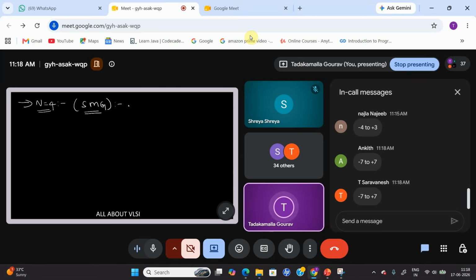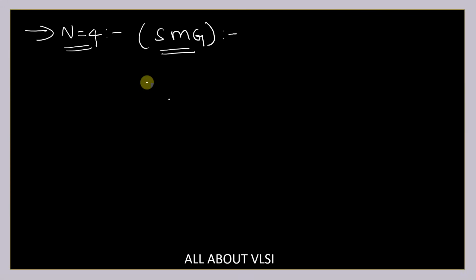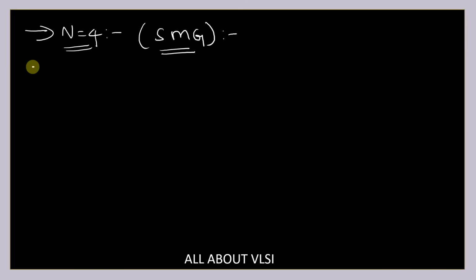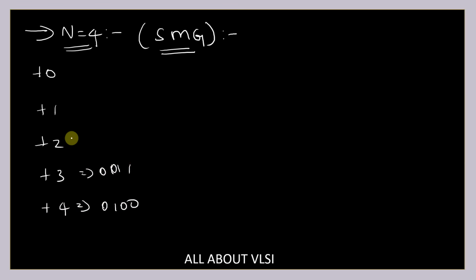Yes. If n is equal to 4, then the range of numbers which I can represent is from minus 7 to plus 7. If you want a quick check in your exam, you can write down these values. Plus 0, plus 1, plus 2, plus 3, and plus 4, which are 0 1 0 0, 0 0 1 1, 0 0 1 0, 0 0 0 1, and 0 0 0 0.